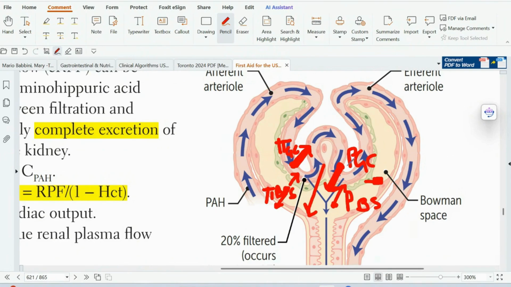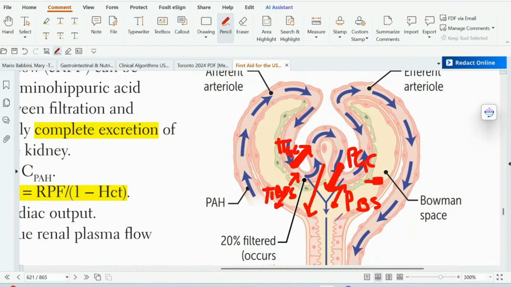Okay, let's say someone has nephrotic syndrome. What's going to happen to all these pressures? So what's happening in nephrotic? You just tell me first. I think the one affected would be oncotic pressure. How will it be affected?